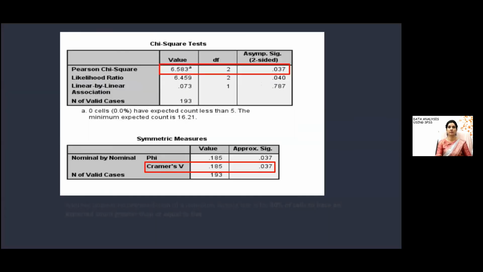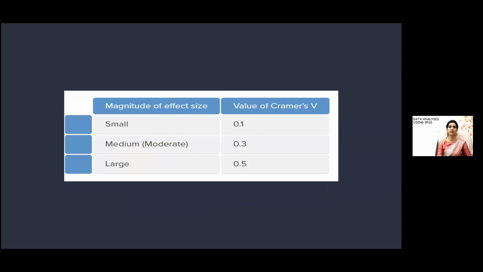This is the post hoc. You can see here the value of Cramer's V, it is there in the slides which have been shared with you. Small is up to 0.1, medium is larger than 0.1 but up to 0.3, and large is from 0.3 to 0.5.